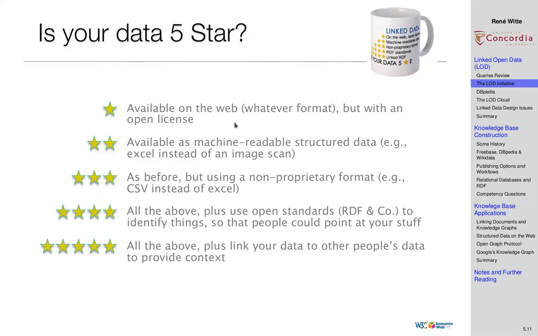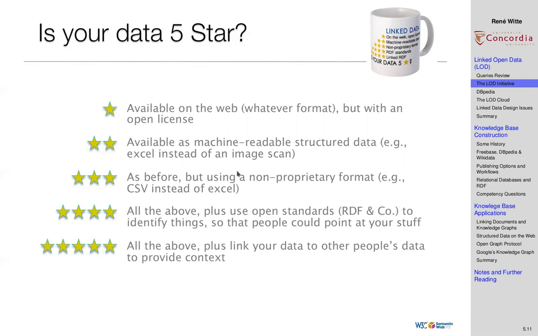It can be any kind of data format. So that's 1 star. You get a 2nd star if your data is available in a machine-readable structured format. So for example, instead of having an image of a table, you have something that you can read directly into a program, like a spreadsheet.